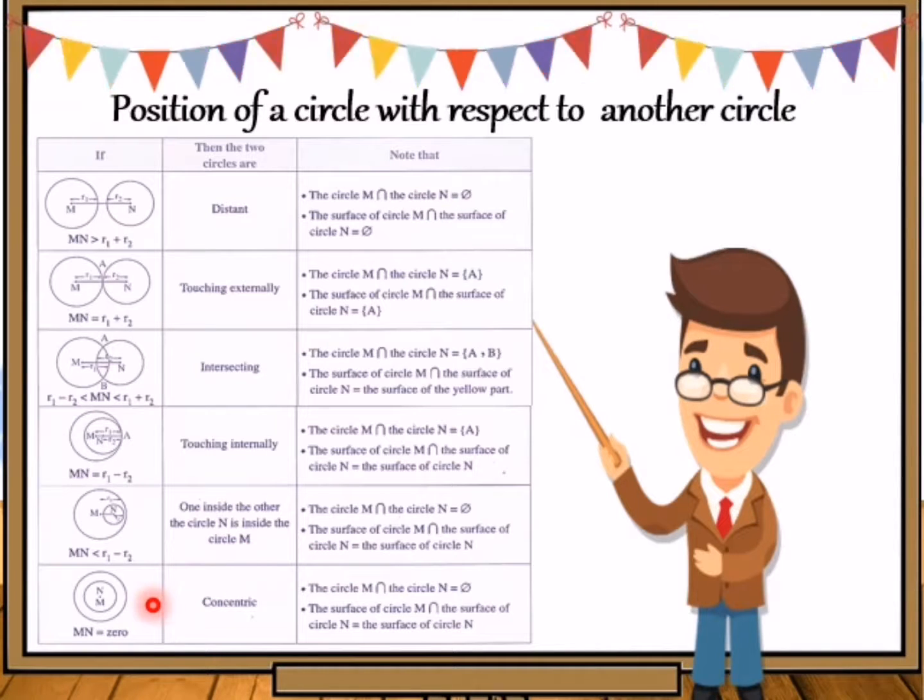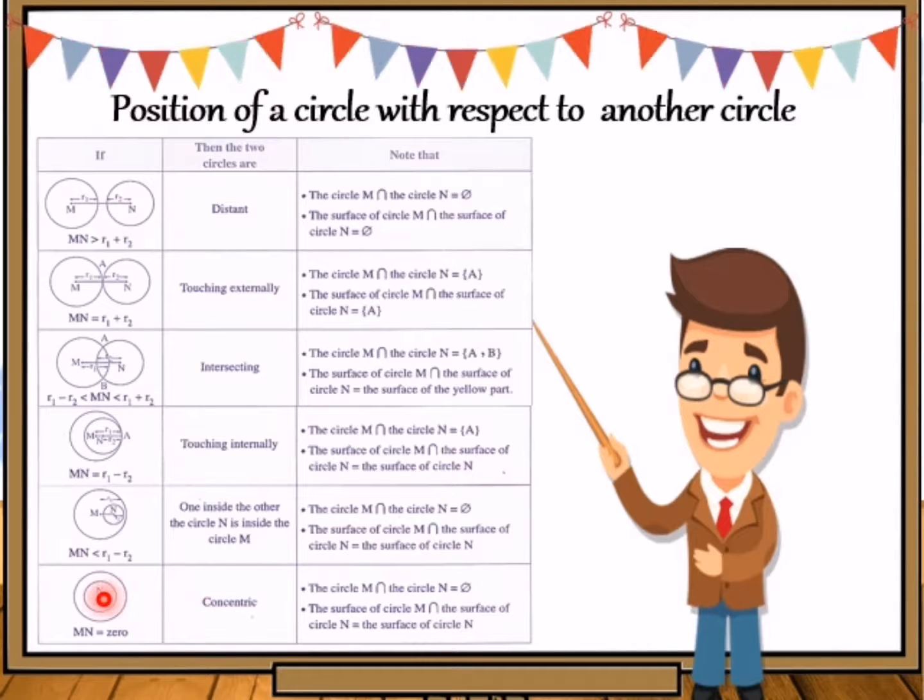The last case, if MN equals 0, the distance between the centers equals 0, then in this case the two circles are called concentric. Concentric means the centers of the circles are the same.